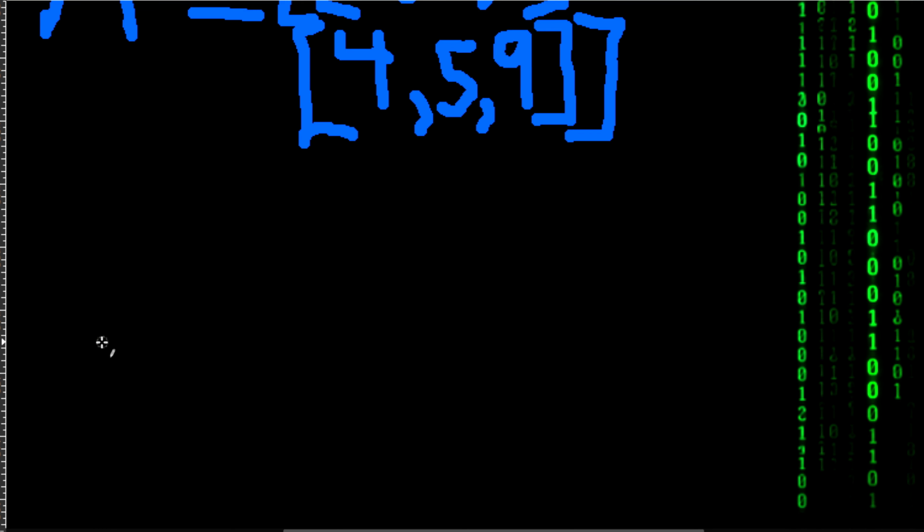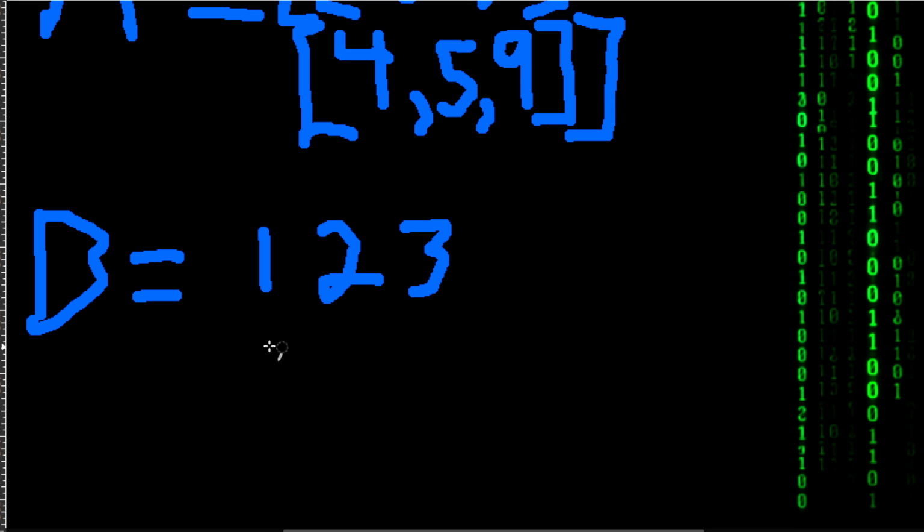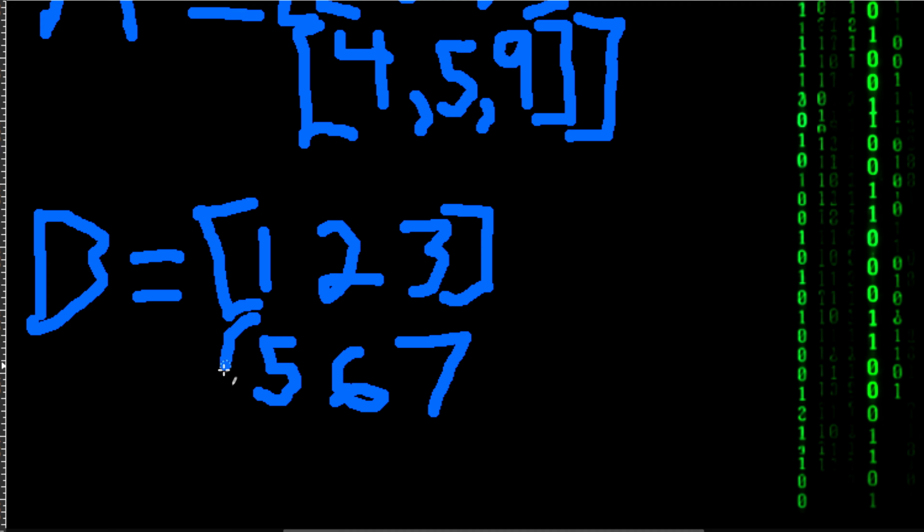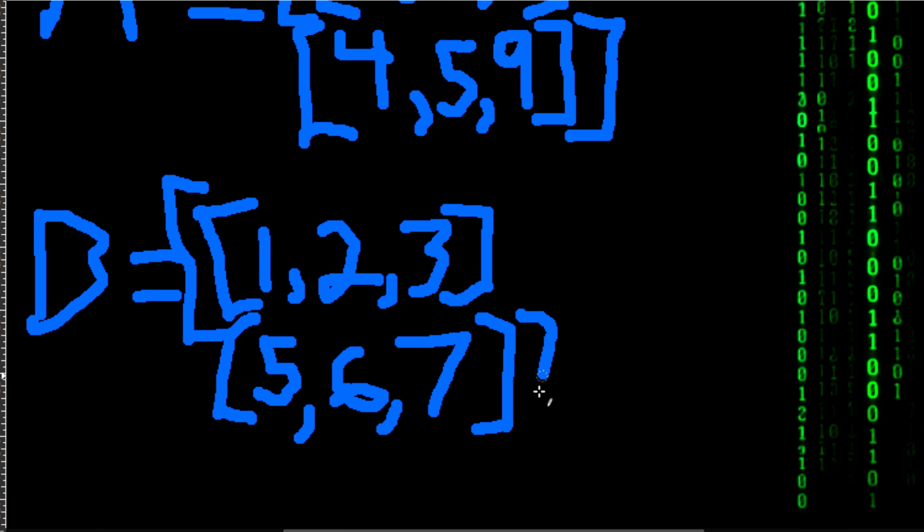Now if I have matrix B, say matrix B is equal to 1, 2, 3, 5, 6, 7. Here's one row and there's another row. Put brackets around the beginning and the end of the matrix. So this is a matrix that consists of 2 rows and 3 columns.